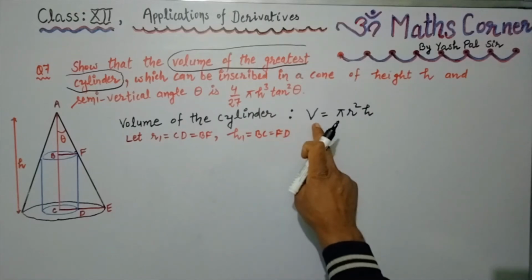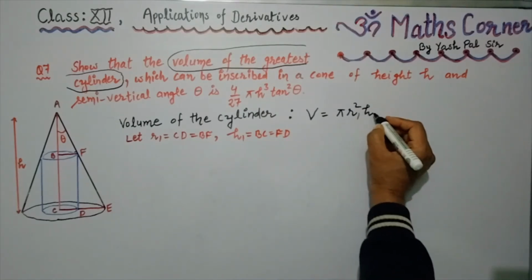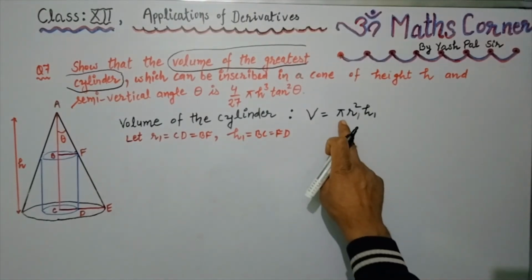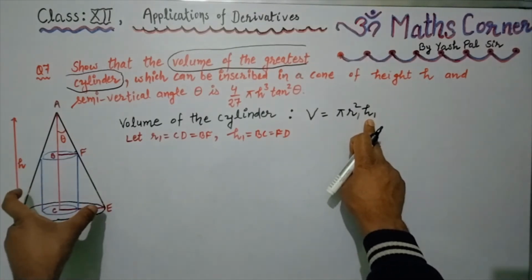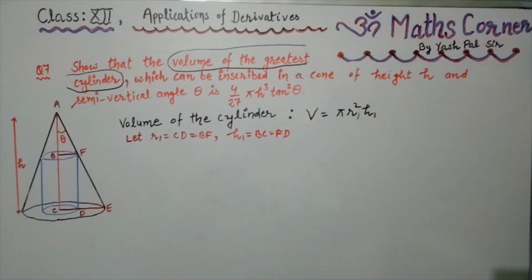Now the volume of the cylinder becomes V is equal to pi r1 square into h1. Now we have two variables, r1 and h1. With the help of the given condition, we have to reduce them into one single variable.